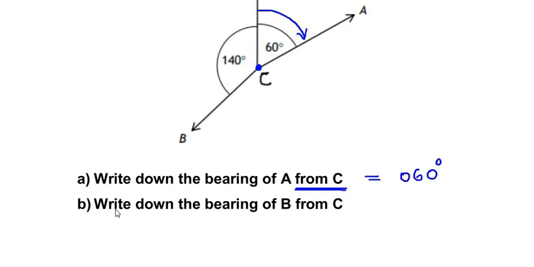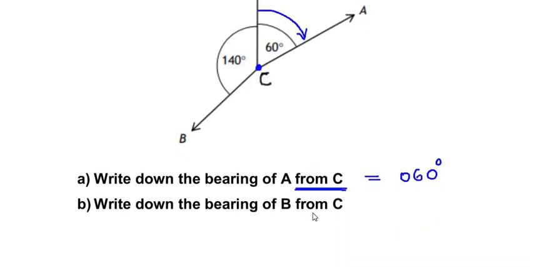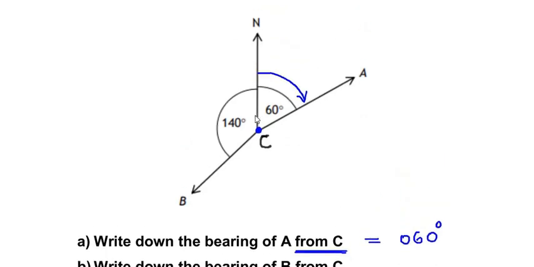Now in part B, write down the bearing of B from C. So again we come to the point C and look at the north line, and we keep traveling in the clockwise direction till we reach the point B. That means we have to find out this entire angle.